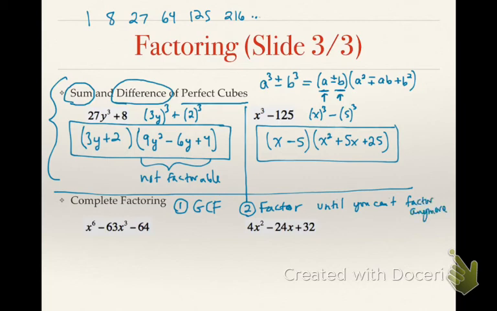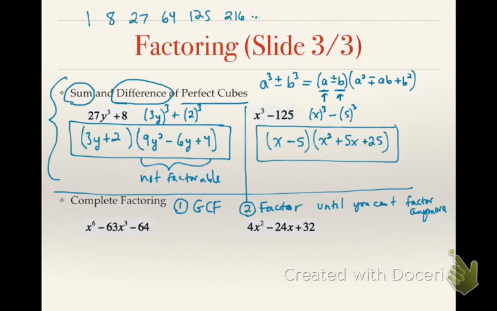That's what completely factoring means. Factoring until you can't factor anymore. So looking at this first example, I'm noticing that there's a 1 in front, and there's no x term in the last term, so I know there's no common factor in this first one. So I'm just going to go ahead and check it out.